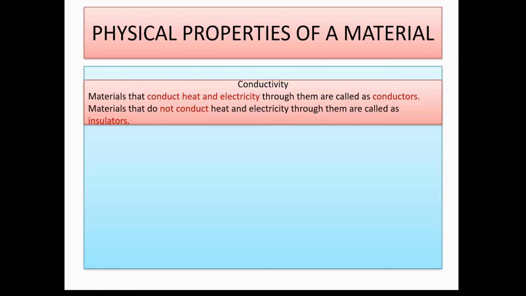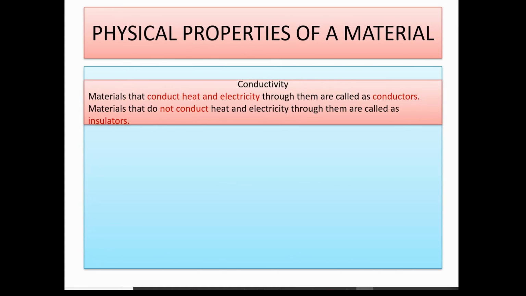Metals are generally good conductors of heat and electricity. Therefore, cooking vessels are made of conductors or metals. Now, usually, the handles of cooking vessels are made from wood or bakelite material. Why is it so? So that it allows you to hold the hot vessel without burning your hands.